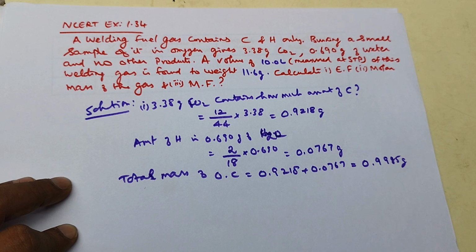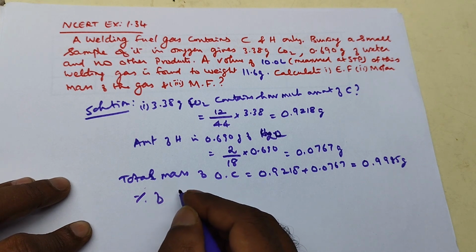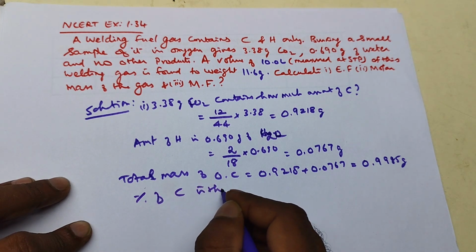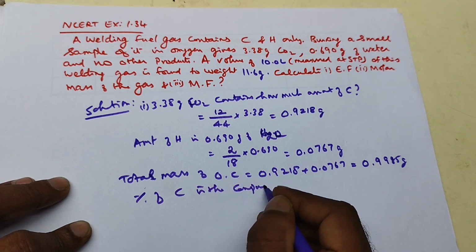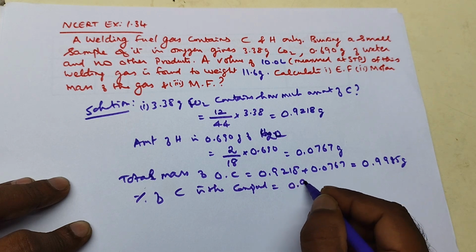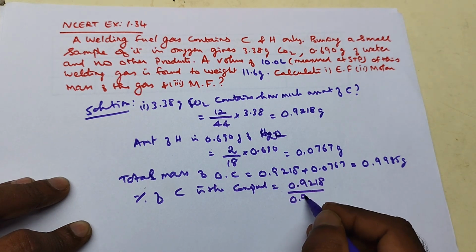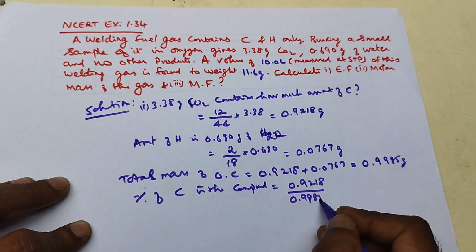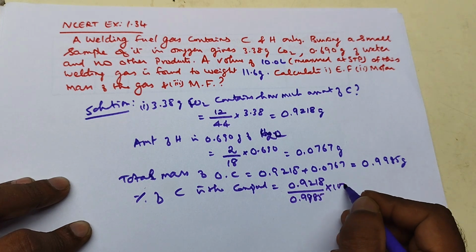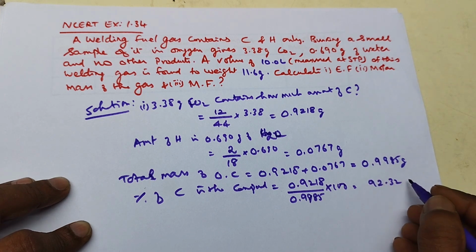In this total mass, we are going to find the percentage of carbon in the compound, that is 0.9218 divided by the total mass of the compound 0.9985, into 100. That is 92.32%.